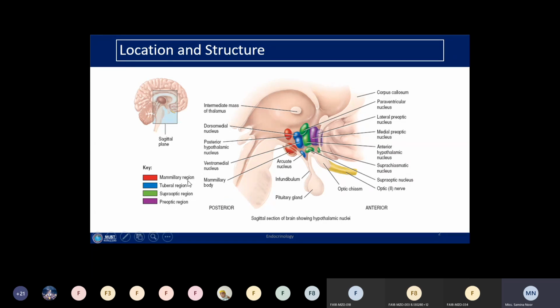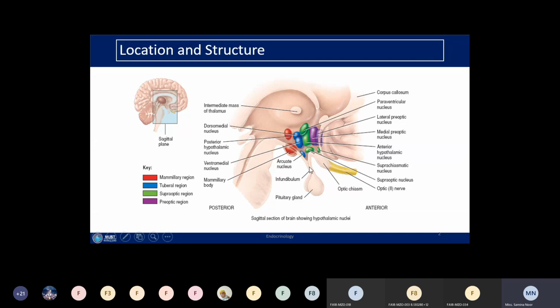As we have discussed, the mammillary bodies are located at the posterior part of the hypothalamus, and this region consists of the mammillary bodies and the posterior hypothalamic nuclei.